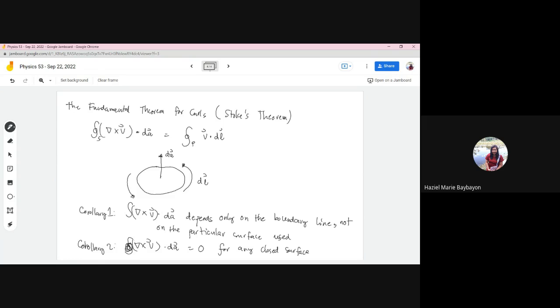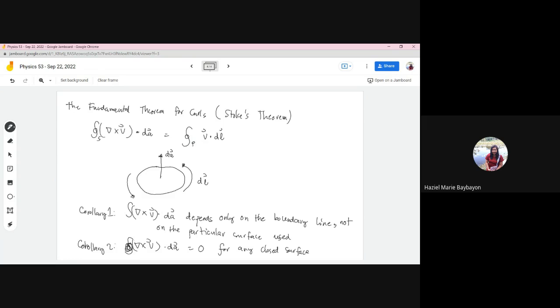Okay, so the boundary line, say for example this one. If this is a closed integral, then this is equal to 0 because your boundary line shrinks to a point, like the mouth of the balloon.